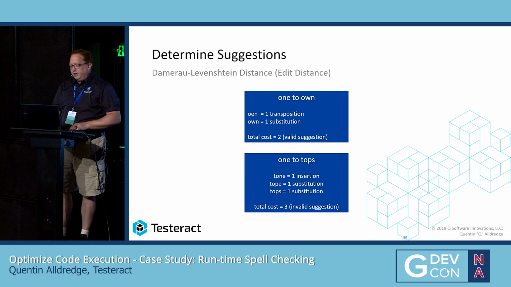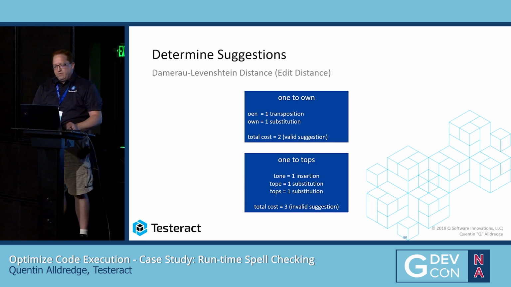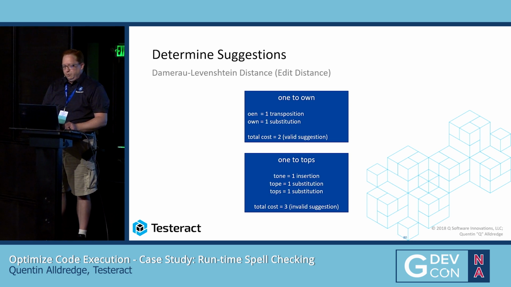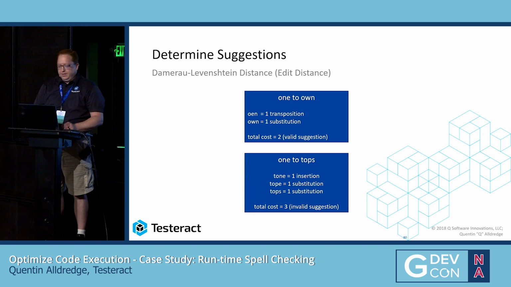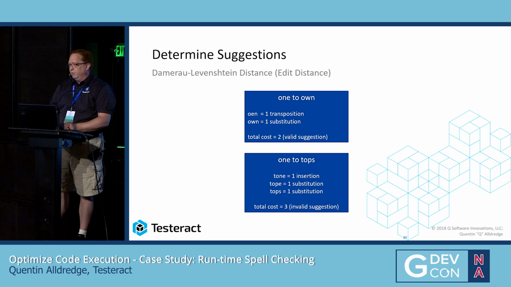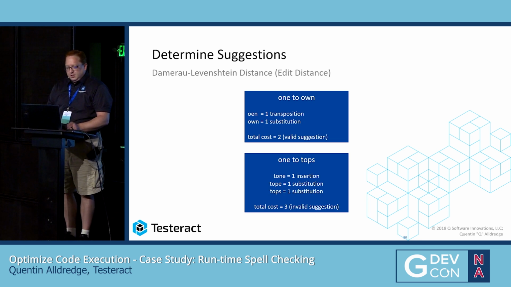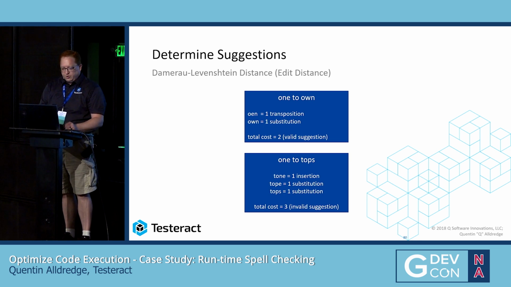So, for example, if you wanted to compare one versus own, it is one transposition to move the N and the E, and then one substitution to replace the E with the W. So that is a total cost of 2. From 1 to tops, the first step is you insert a T on the front.